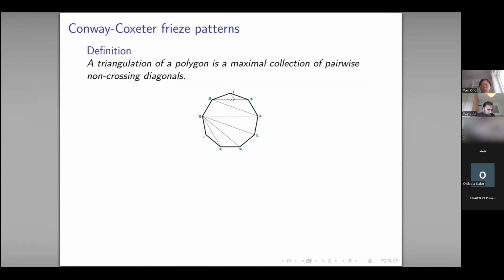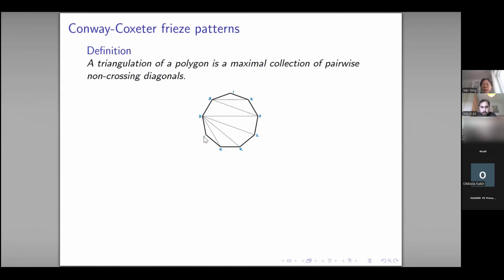If we associate to each vertex an integer recording the number of triangles incident with this vertex, then we will get a sequence of positive numbers. Starting from here, we have 3 triangles incident to this vertex, so we put a 3 here.